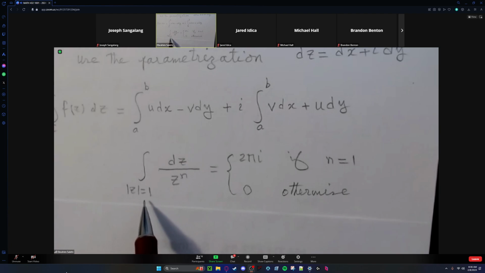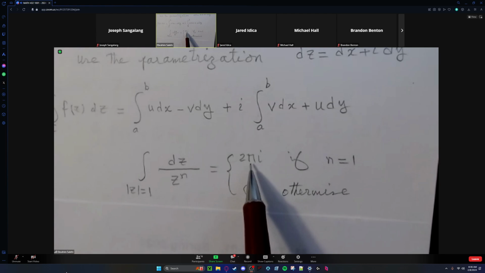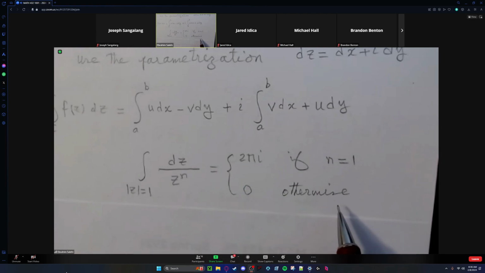Radius doesn't matter. You will get 2 pi i when n is 1. Otherwise, you get 0. So we computed this and we went through it very carefully to make sure that you realize this, okay?